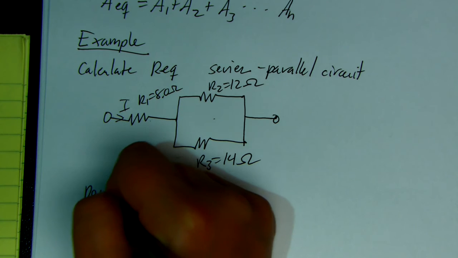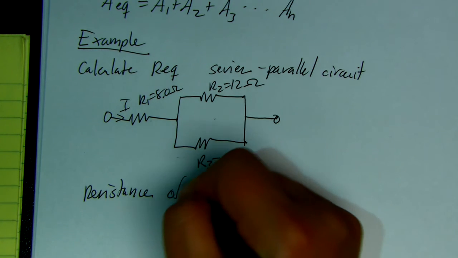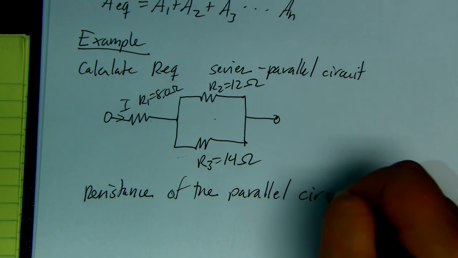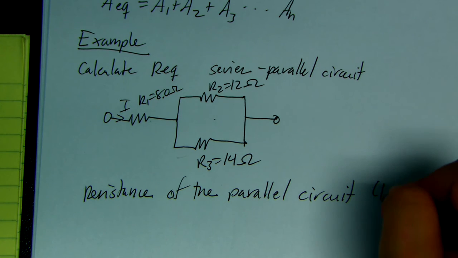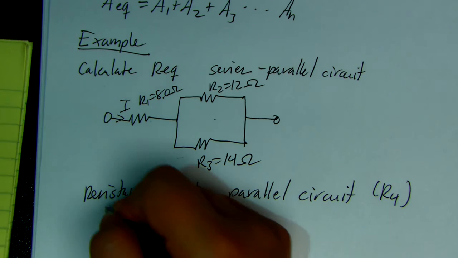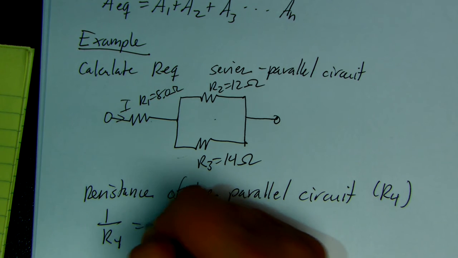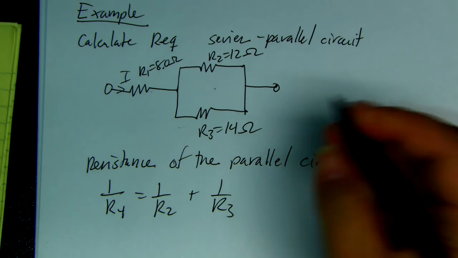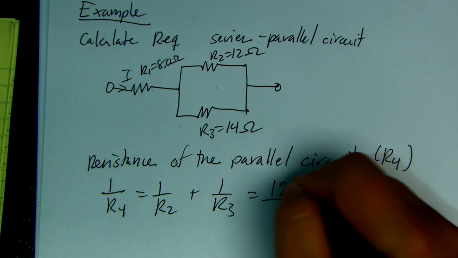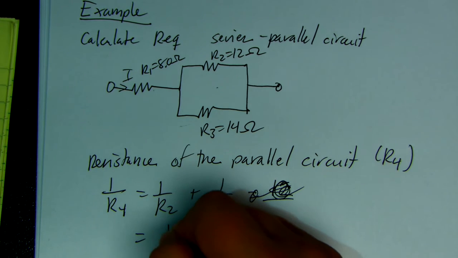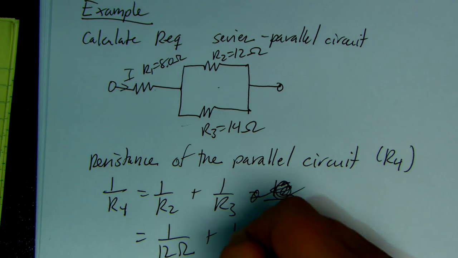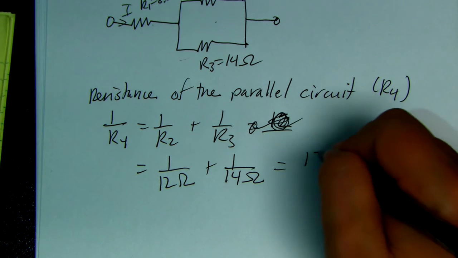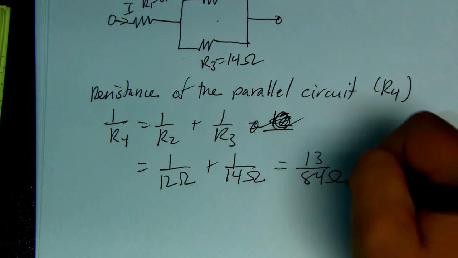So, of the parallel circuit, and we will call this R4. So 1 over R4 will be equal to 1 over R2 plus 1 over R3. This is equal to 1 over 12 ohms plus 1 over 14 ohms, which is equal to 13 over 84 ohms.